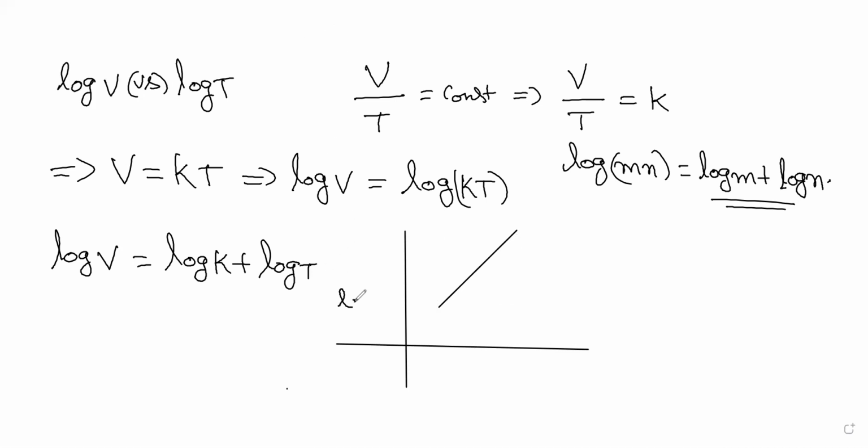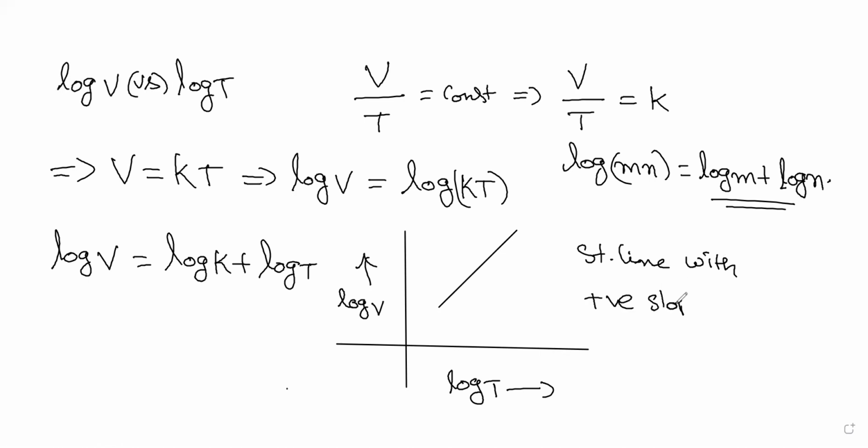This is log V versus log T. This is a straight line with positive slope. Straight line with positive slope. That's all we can tell.